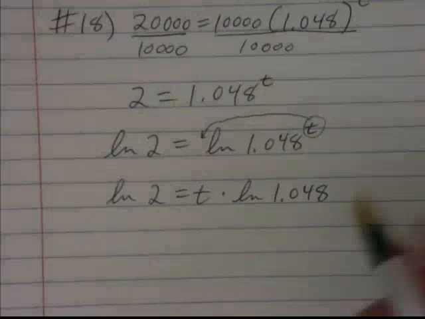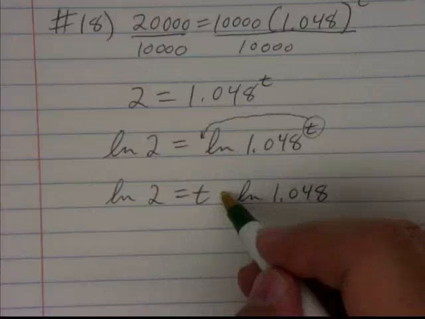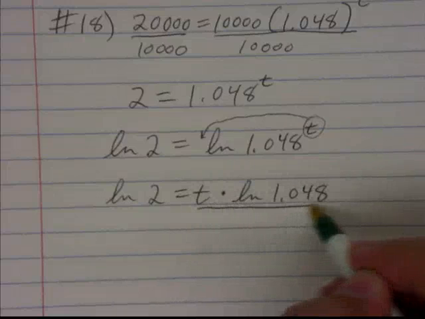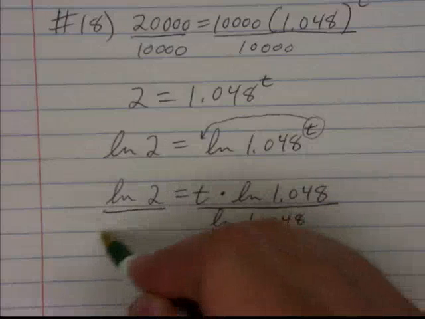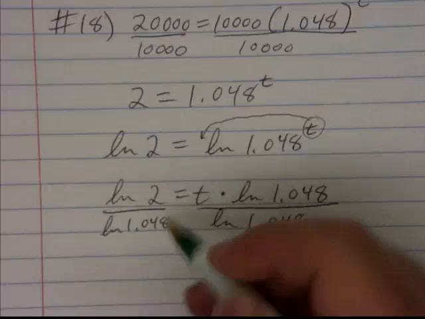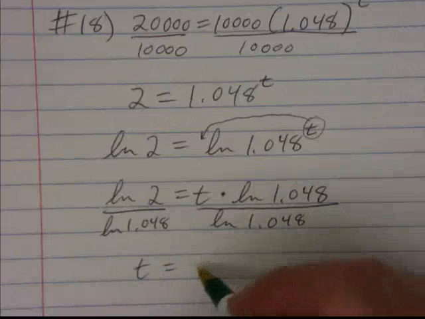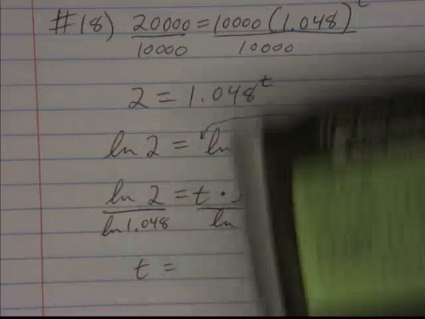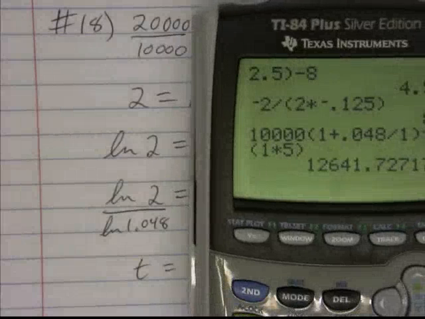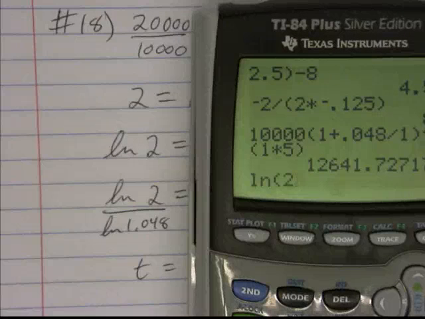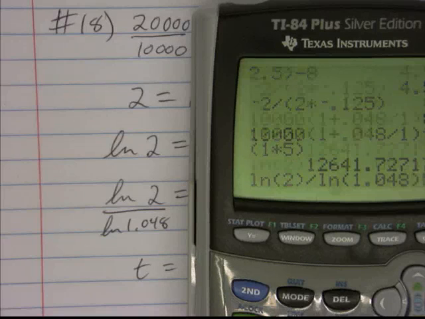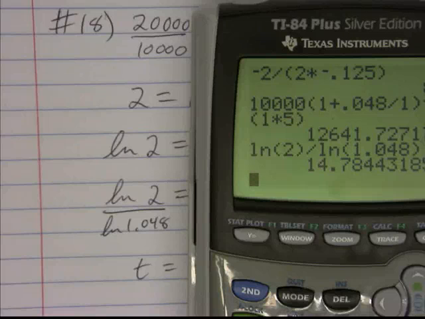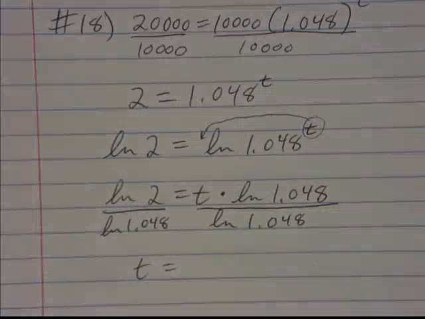Now, this is just a number, so I'm multiplying by a number. So in order to solve for t, I'm going to divide by that number. So I'll get t is equal to, plug in natural log of 2 divided by natural log of 1.048, and I get 14.78 approximately.